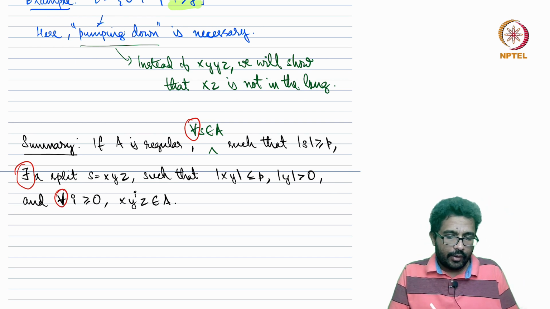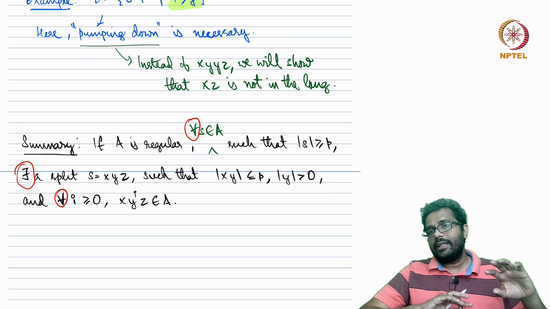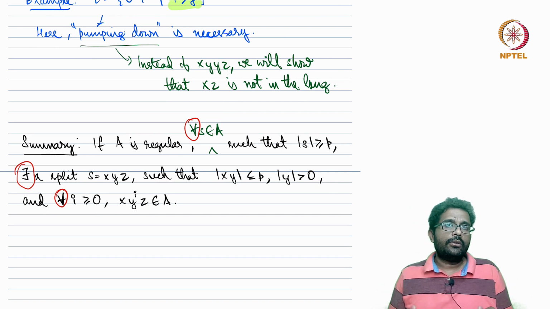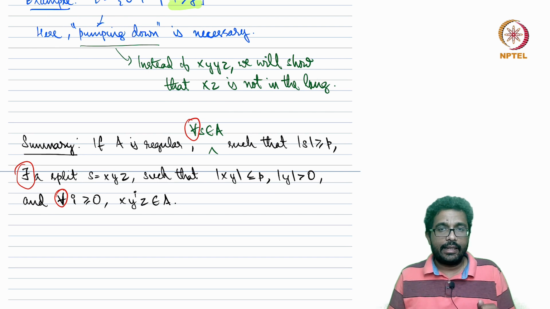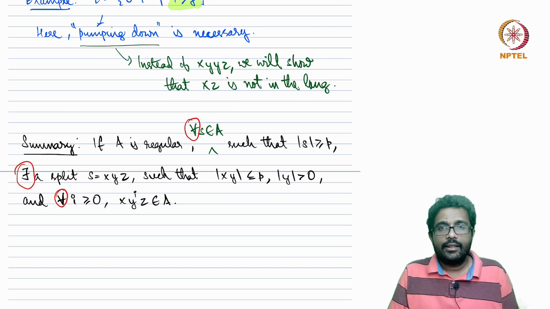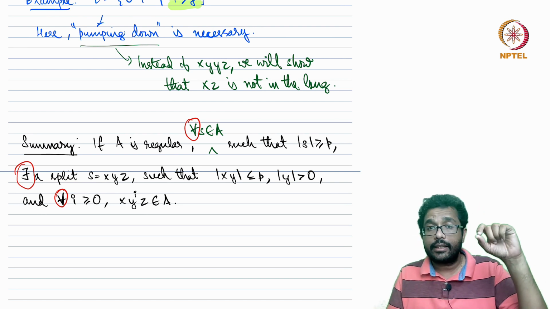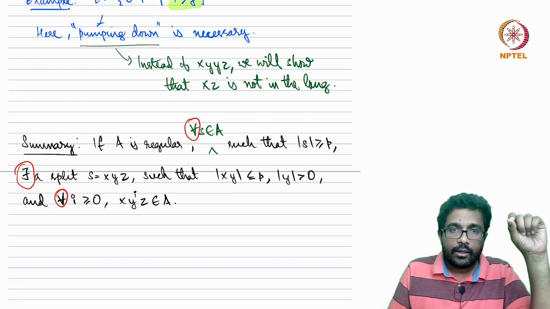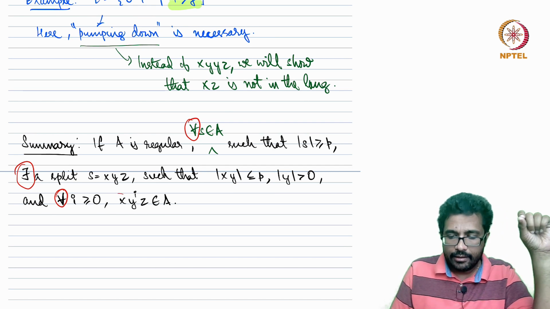So to show that a language is not regular, we have to negate this. We have to show that there exists a string, and this string is entirely our choice. Instead of for all s, to refute it we show there exists a string, and for that string, for all splits, this is not true.